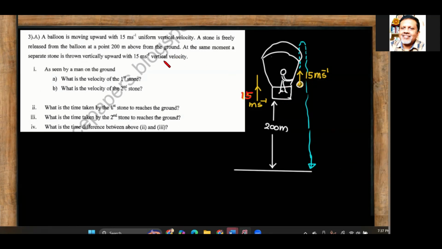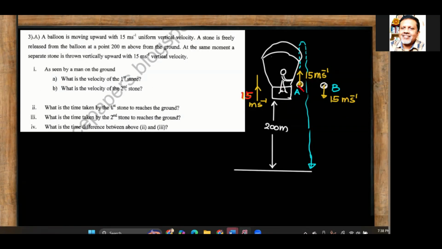As mentioned, we can consider it as A. And at the same moment, a separate stone is thrown vertically downwards with 15 meters per second vertical velocity. So another ball or stone, we can mention it as capital B, 15 meters per second vertical velocity by the person or another one.